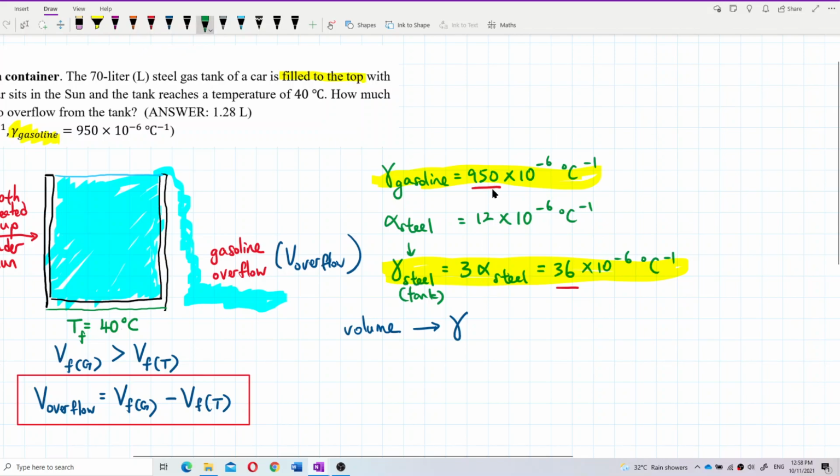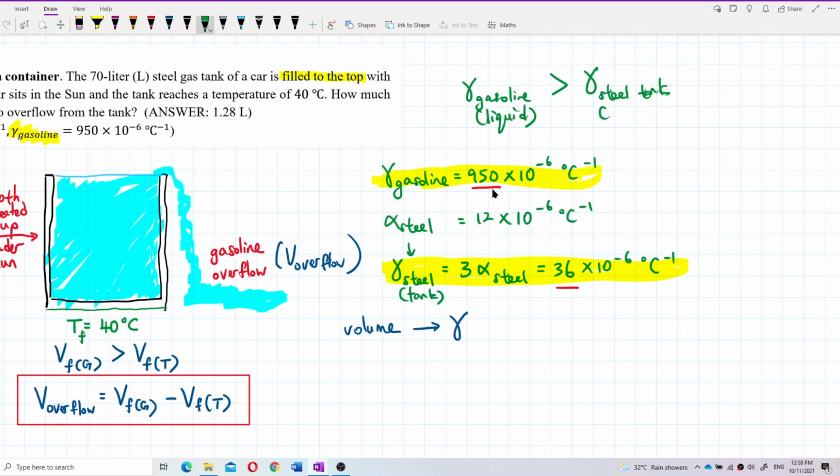Maybe you can write something over here: the gamma for gasoline, which is a liquid, is bigger than the gamma for the steel tank, which is a solid. That's why we can say liquid expands faster than solid.